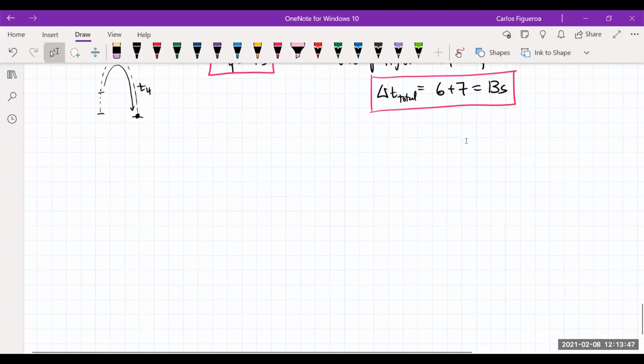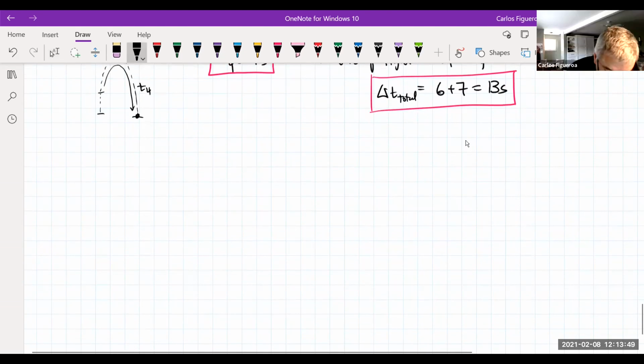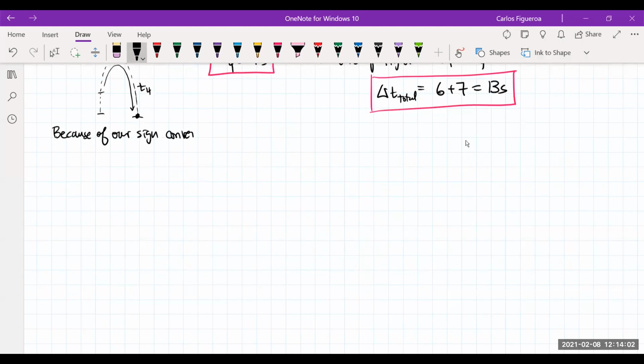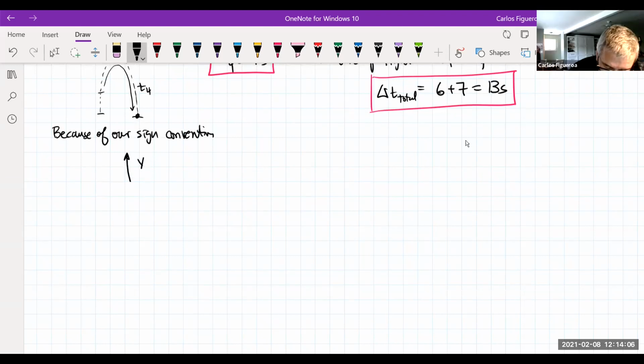So what you're finding here is that because of our sign convention, anything that goes up, that height change is positive.